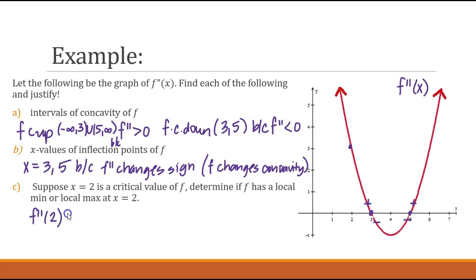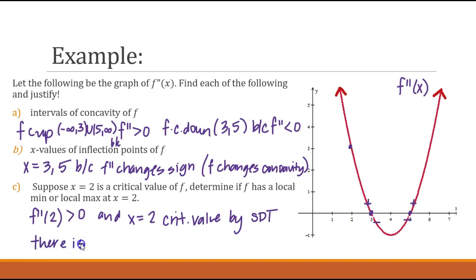So since f double prime of 2 is greater than 0 and x equals 2 is a critical value, we know by the second derivative test that there is a local minimum at x equals 2.